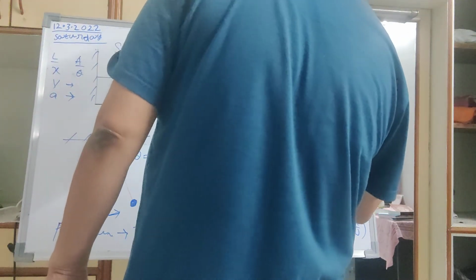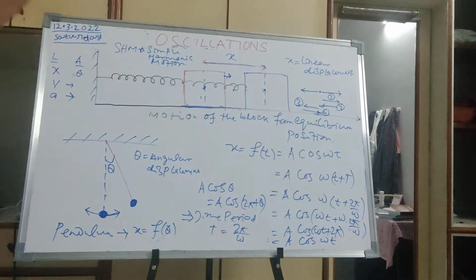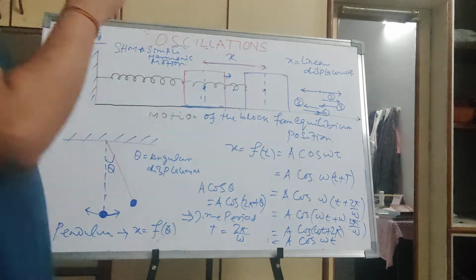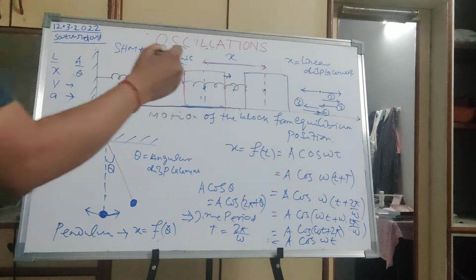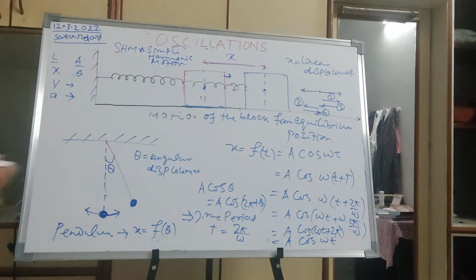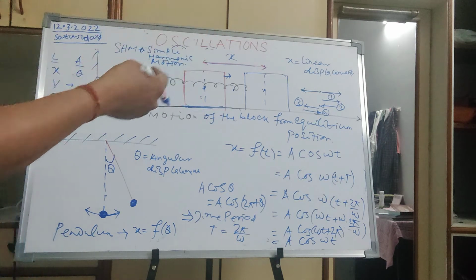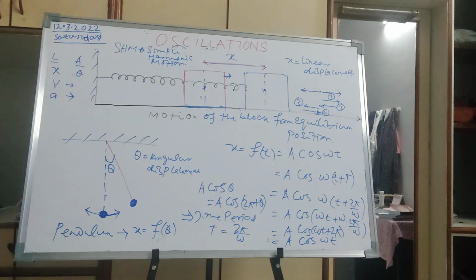So this will be motion 1, motion 2, motion 3, motion 4, if you consider the motion of this block from the equilibrium position. It's a frictionless surface on which a block moves. So it is a spring mass system.